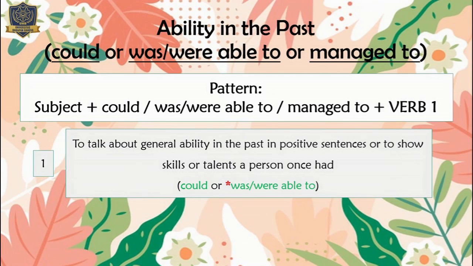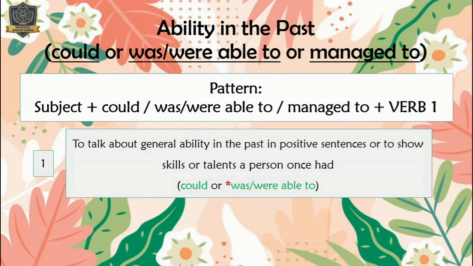It is to talk about general ability in the past in positive sentences or to show skills or talents a person once had. Normally, we use could, but sometimes we can also use was or were able to.